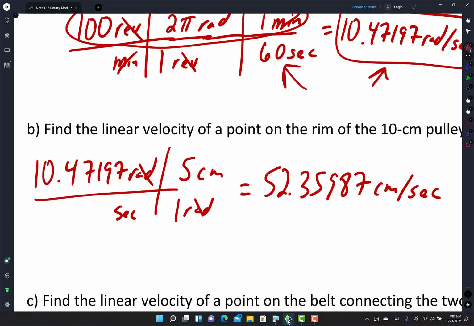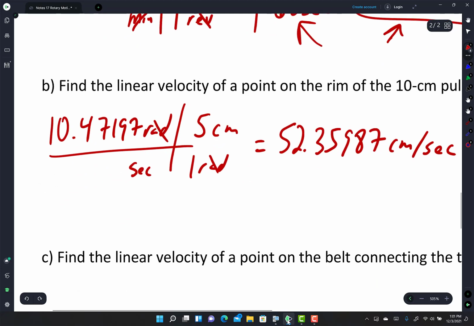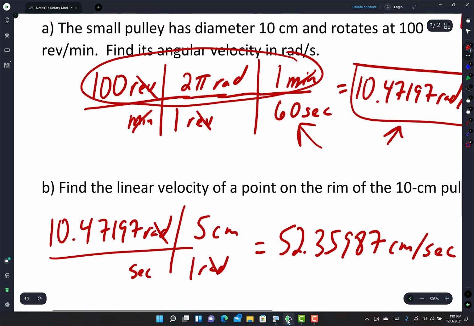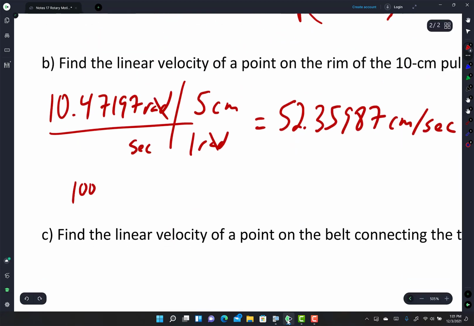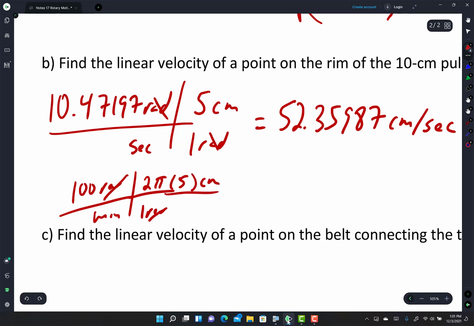Now, if that does not make sense to you, if you're like, I don't know why 1 radian is 5, well, literally, radian means radius. But if you don't like that, check it out, Ms. Guajardo, you can always do this. You can go, how fast was that rotating? 100 revs per minute. And you can go in 1 revolution, I cover 2 times pi times 5 centimeters. See, so now you have centimeters per minute.